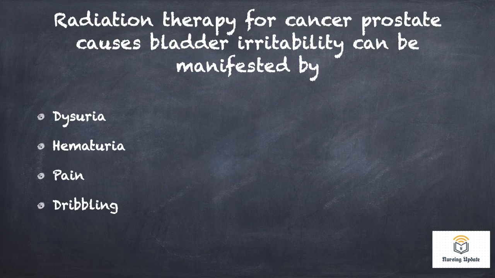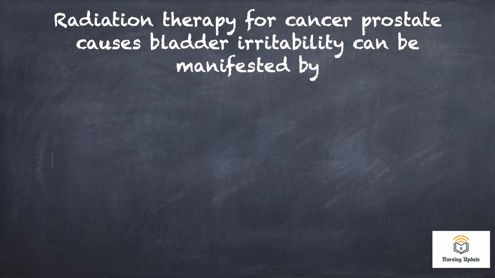Okay, then radiation therapy for cancer prostate causes bladder irritability, which can be manifested by option A, dysuria, option B, hematuria, option C, pain, and option D, dribbling. So the patient has cancer prostate and is getting radiation therapy for that disease. How will you diagnose that the patient is having bladder irritability?